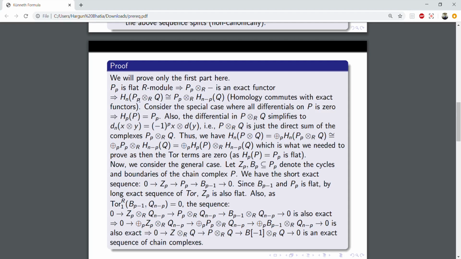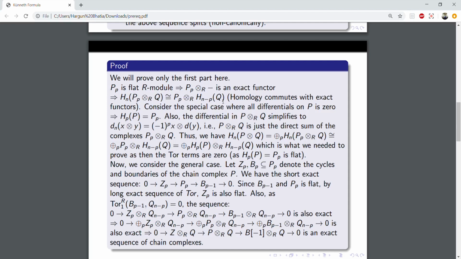Essentially, it's a chain complex whose nth component is P_p tensor Q_{n-p}, and so maps are there. So P_p is there, but this is Q_{n-p}, the nth component of this thing, not Q_n. Of course, since tensoring with P_p is an exact functor, and homology commutes with exact functors, I can bring the homology there to get that this is isomorphic to P_p tensor H_{n-p}.